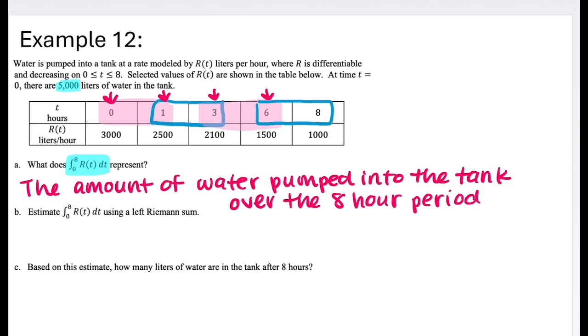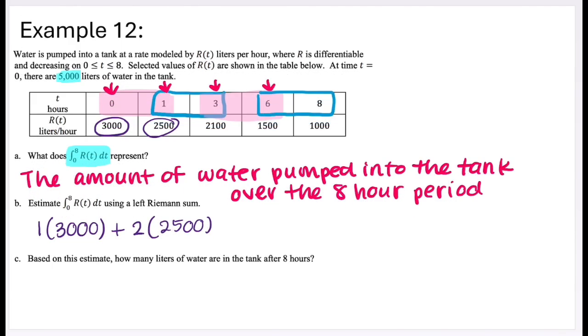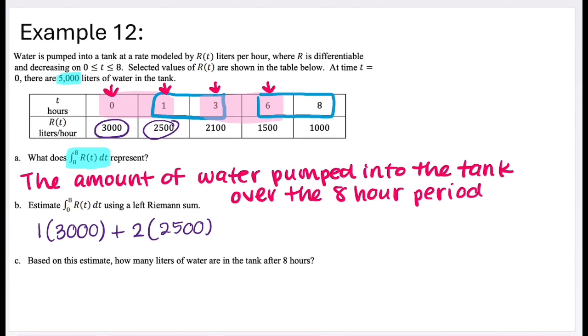So my first width from 0 to 1 is going to be a width of 1. And I'm going to be using the left Riemann sum, so I'm going to be using 3,000. And then I'm going to add the next one from 1 to 3, so that's a width of 2. And I'm going to be using 2,500. All right, the next interval is from 3 to 6. That's going to be a width of 3.